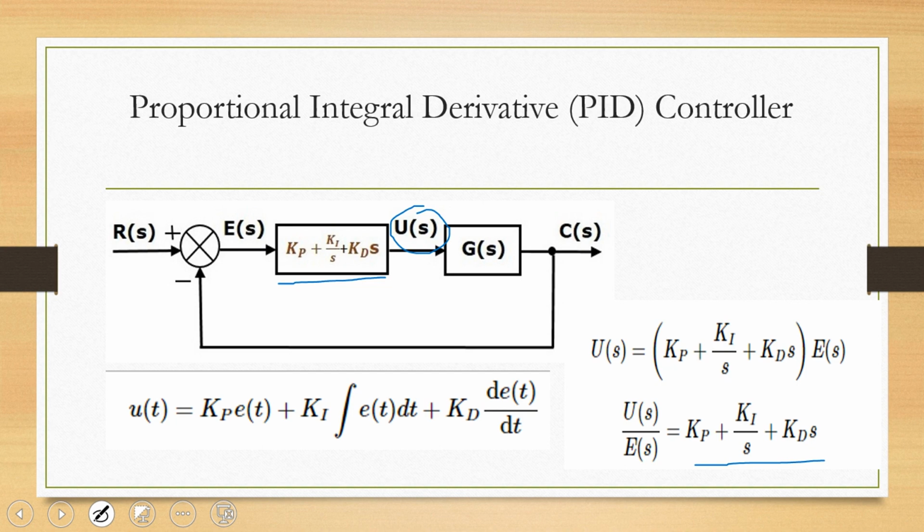The integral controller reduces or completely eliminates the steady state error. The derivative controller reduces the rate of change of error. So the main advantage of having a PID controller is higher stability with no offset and with reduced overshoot.